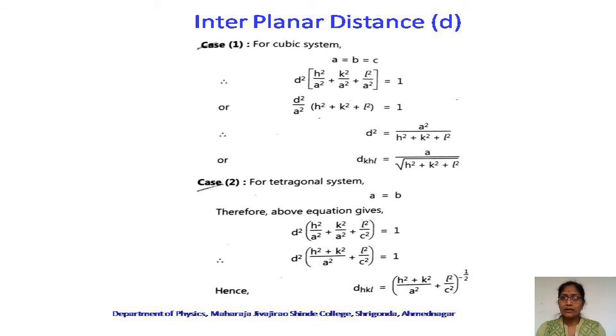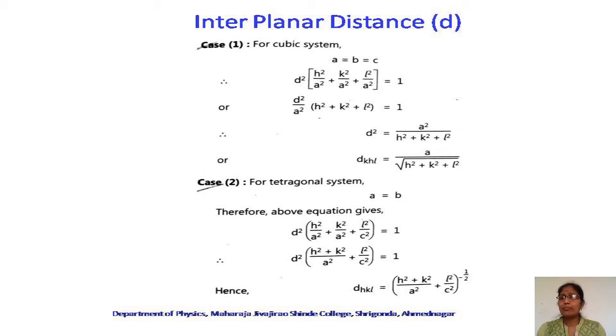Therefore, taking 1 upon a square common, d square upon a square into bracket h square plus k square plus l square is equal to 1. Therefore, d square becomes a square upon h square plus k square plus l square. We want to find the value of interplanar distance, that is d hkl.